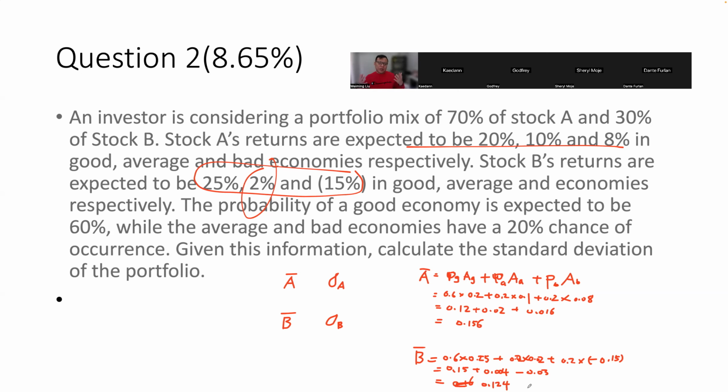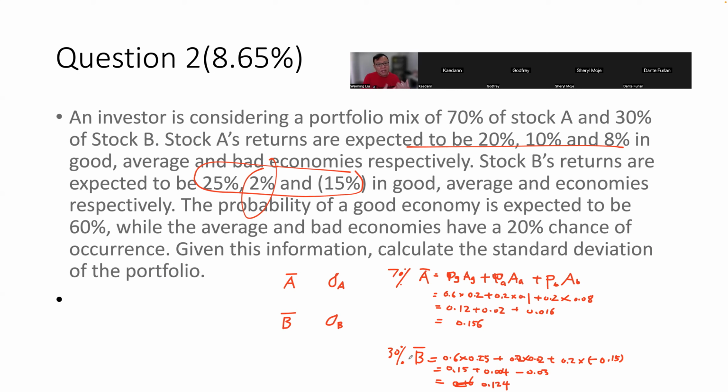So now you know the expected return of A, you know the expected return of B. What about the expected return of the portfolio? Well, the portfolio has 70% A and 30% B. So if there's $100 to invest, I spend $70 on A and I spend $30 on B. This weight is about how you allocate your funding.